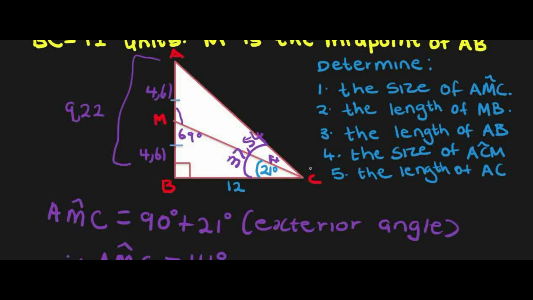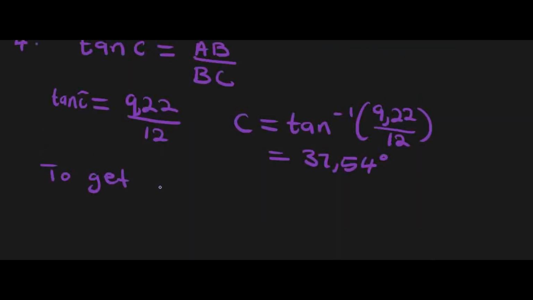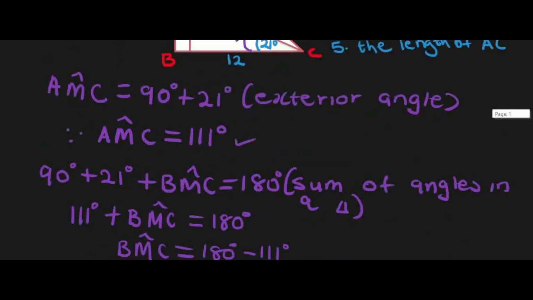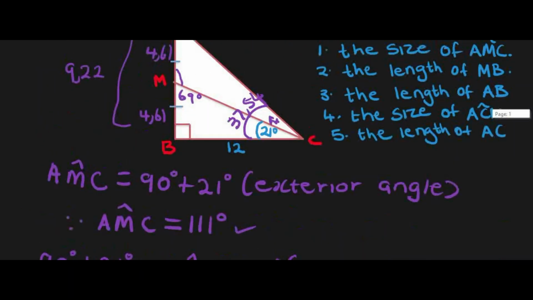To get angle ACM, we need to say angle ACM is equal to 37,54 degrees minus 21 degrees. Therefore, 37,54 degrees minus 21 degrees is 16,54 degrees.